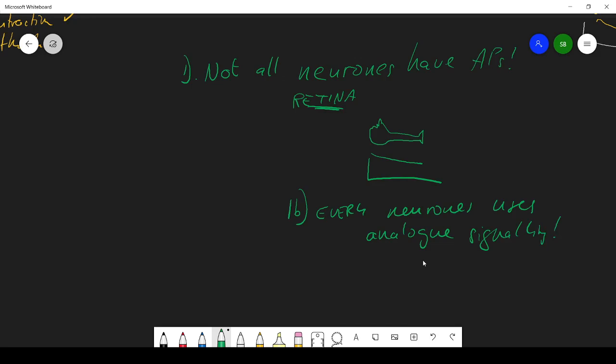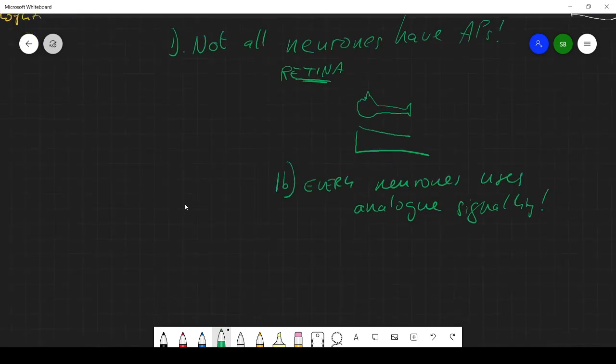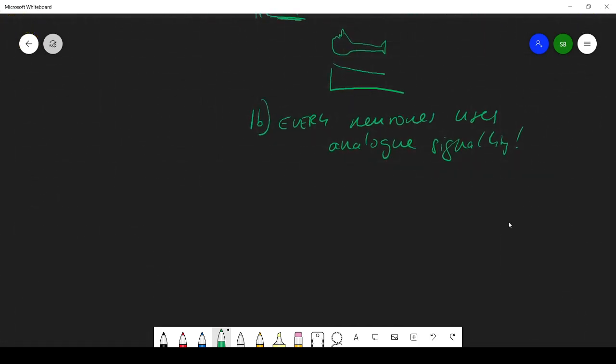So they all use action potentials, which is digital, but they actually always use analog as well. What do I mean by that? So you might remember that a neuron has a cell body with its dendrites, but then it has a region called the spike initiation zone. And that's where the action potentials start.